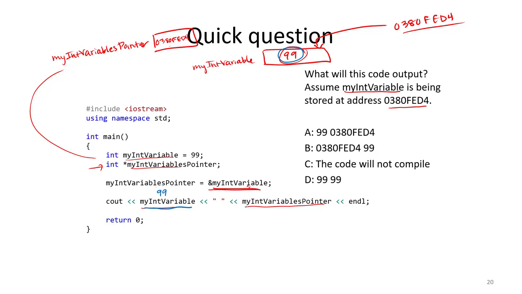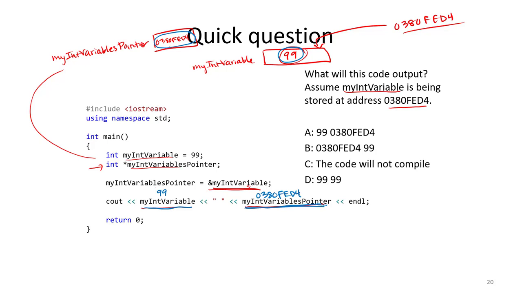If I say cout myIntVariablesPointer, that is going to output the value stored inside myIntVariablesPointer. It is holding the memory address where myIntVariable is located, so if I output the name of my pointer to the screen, it's going to output the memory address that it's currently holding.